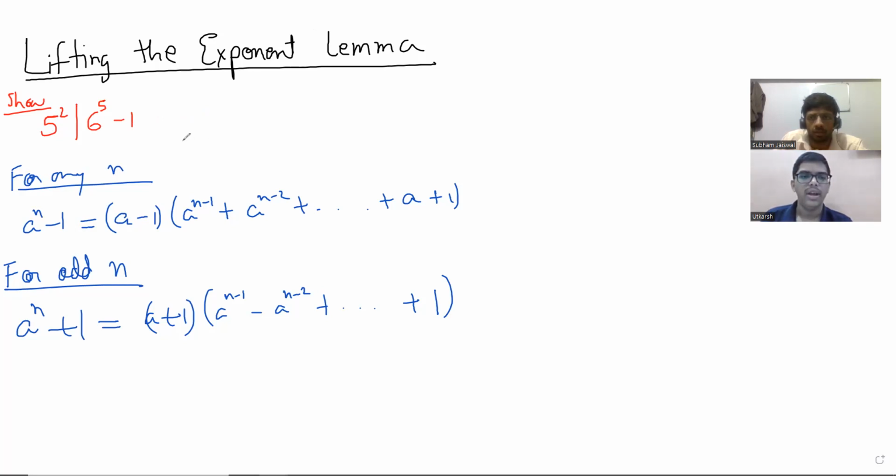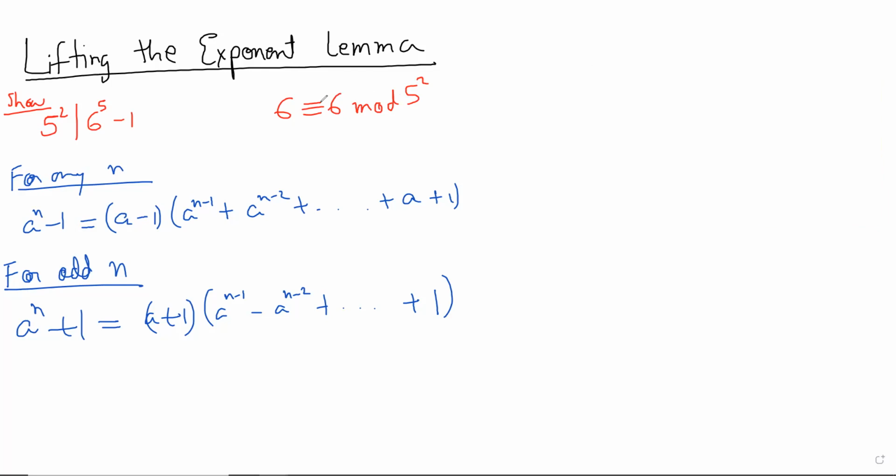We can use basic modular arithmetic. 6 is 6 mod 5 square. 6 square will become 36, which is 11 mod 5 square.